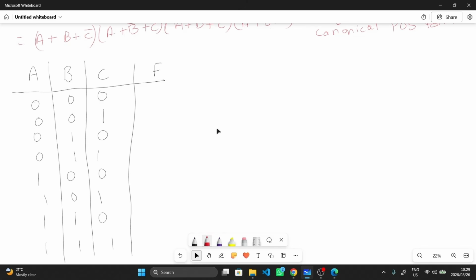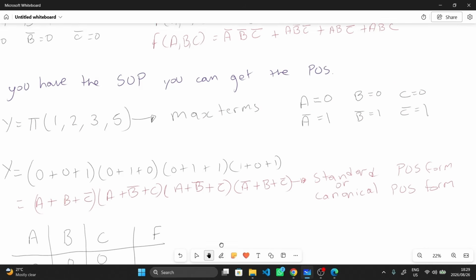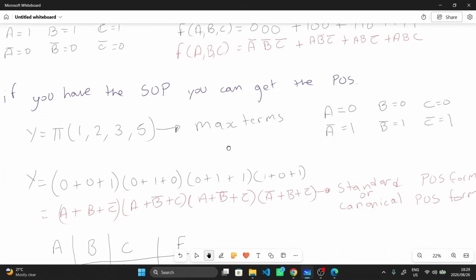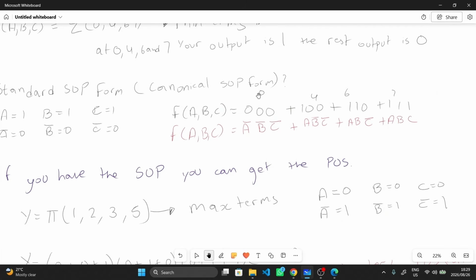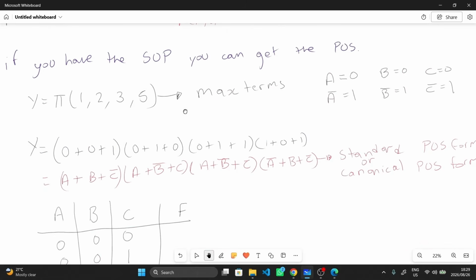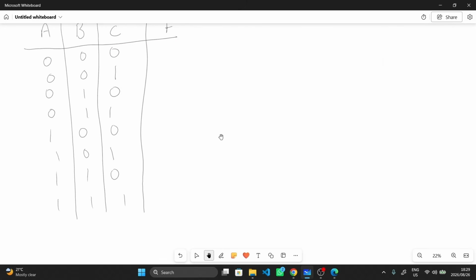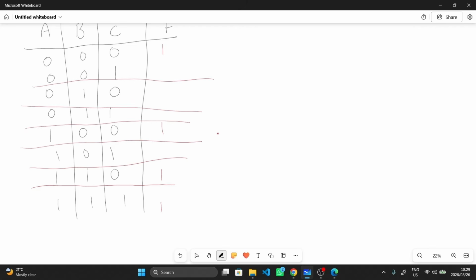Right, so now to check where we have 1 and where we have 0. We said we have 1 at 0, 4, 6, and 7. Right. And then the rest will be 0, 0, 0, and 0.